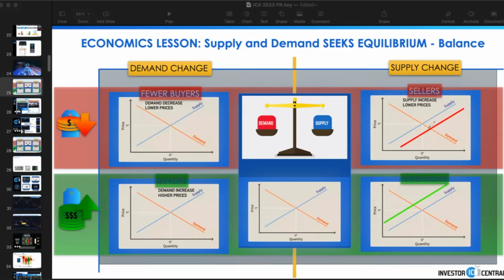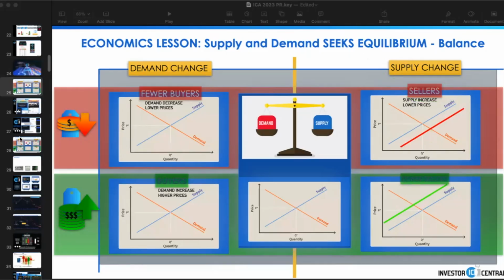Actually, I have this already drawn here. In this situation, if sellers start to increase the quantity, that actually decreases the price. Does that make sense? And if sellers' supply decreases, there are fewer people selling, and that's where the price is going to increase.